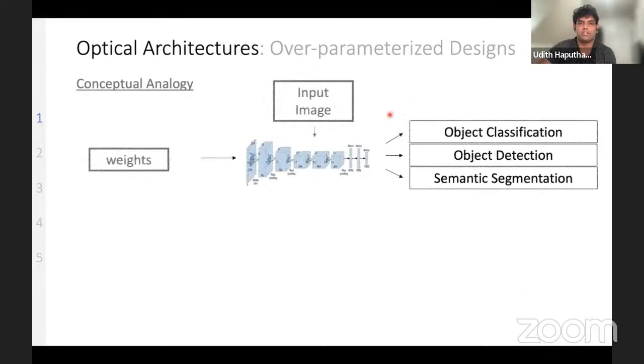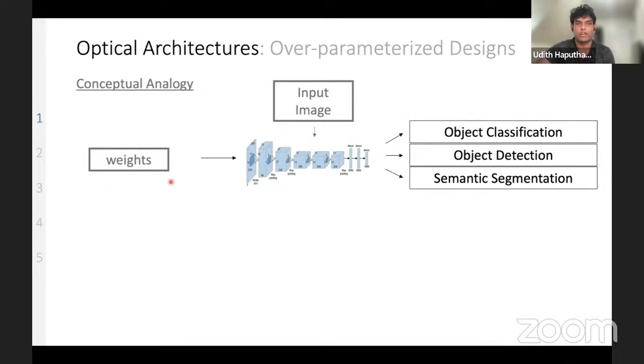So we can use a conceptual analogy for this setup. In computation we have a ResNet or any computation model. I put the input image from upwards, and the weights. What I have done is make the weights the input to the model and keep the input images as a side thing here.